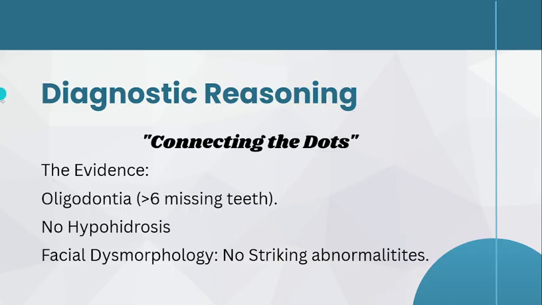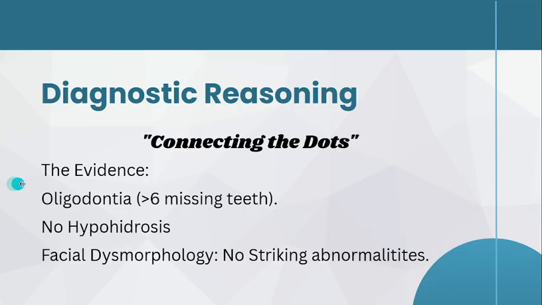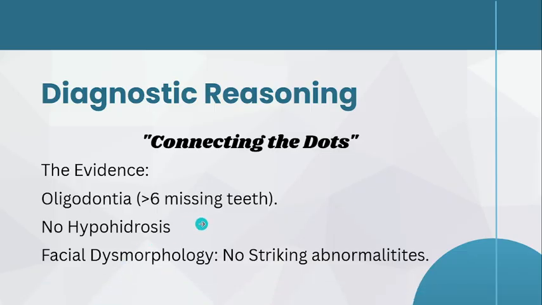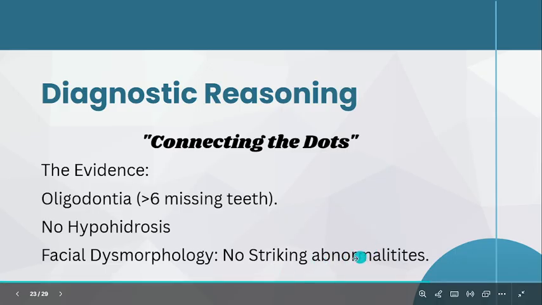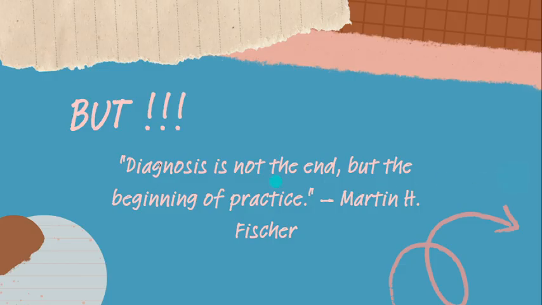My diagnostic reasoning that led us to a provisional diagnosis of isolated or non-syndromic oligodontia was that, from all the evidence, the patient had more than six missing permanent teeth, no hypohidrosis and no excessive sweating, which are classical features of hypohidrotic ectodermal dysplasia. Facial dysmorphology: no striking abnormalities were found in the patient's facial features. So we made a provisional diagnosis of isolated or non-syndromic oligodontia.